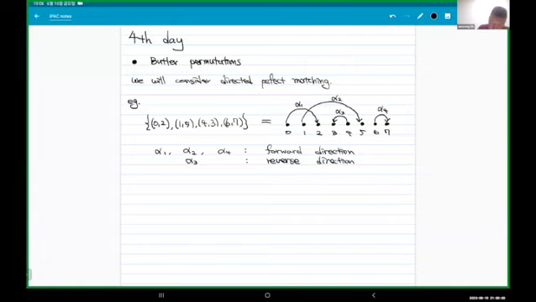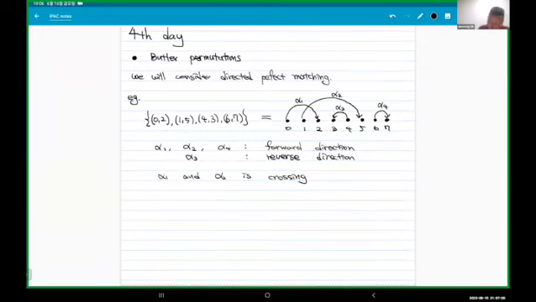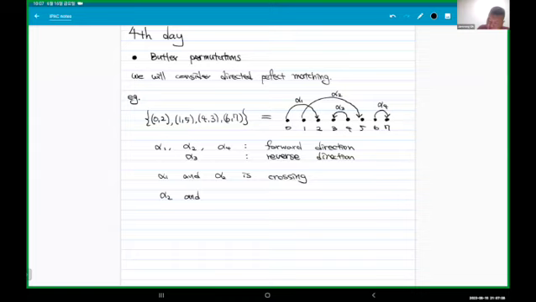And as usual, we say alpha 1 and alpha 2 are crossing. If the indices of alpha 1 and alpha 2 are interlacing, then we say that alpha 1 and alpha 2 are crossing. And if not, we say that they are non-crossing. So for example, alpha 2 and alpha 4 are non-crossing.